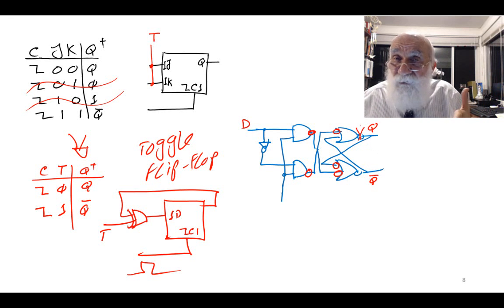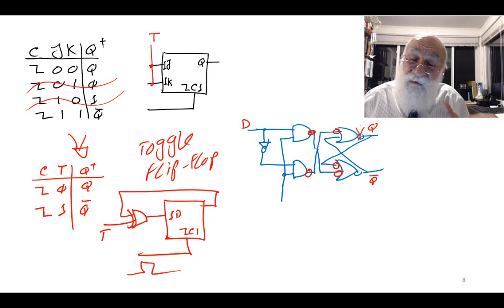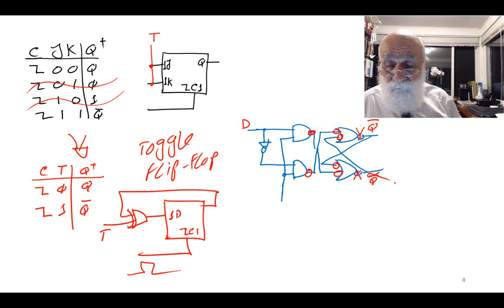I don't like inverters on the output of the OR gates when I'm turning everything to NAND; I like inverters on the inputs of the OR gates. But removing this changes this to Q bar. I'm going to do the same thing with the lower bubble and place it right over here. Again, if I do that, this is gone, and then Q bar becomes Q.